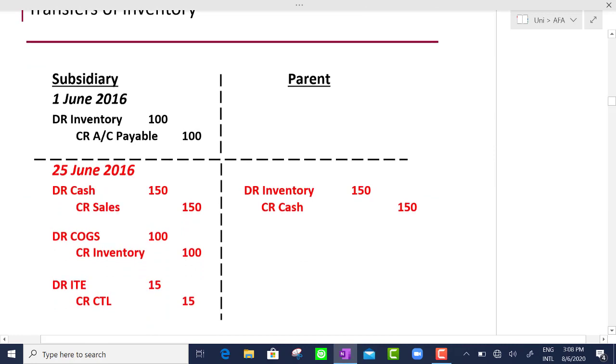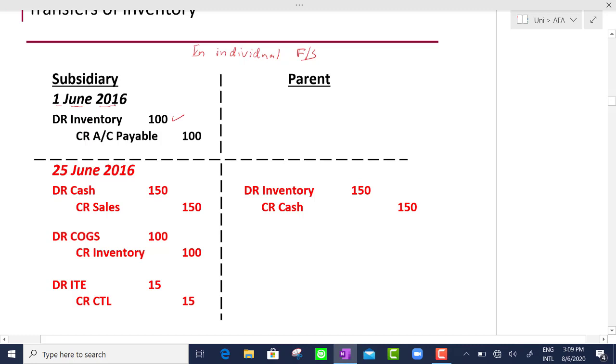Right. I will explain this one by one if needed. Now in the subsidiary's books, we are talking about individual financial statements. In individual financial statements, how does the subsidiary company record this? Now the subsidiary company purchased this stock at 100 on 1st June 2016.